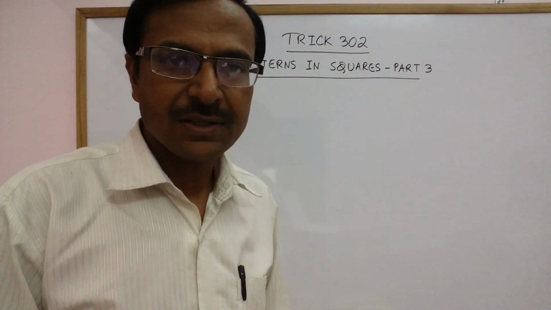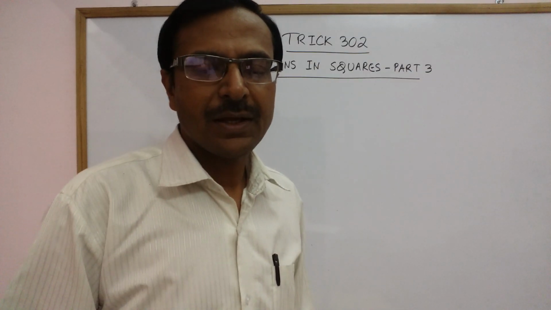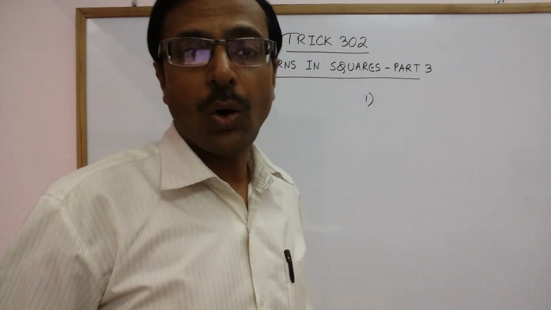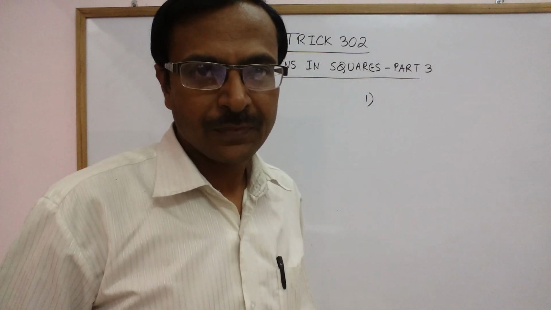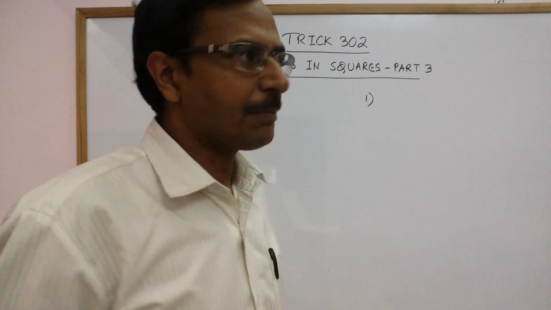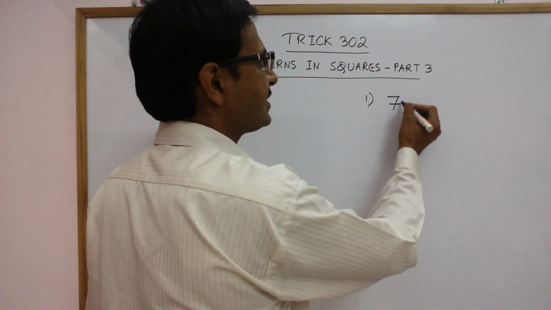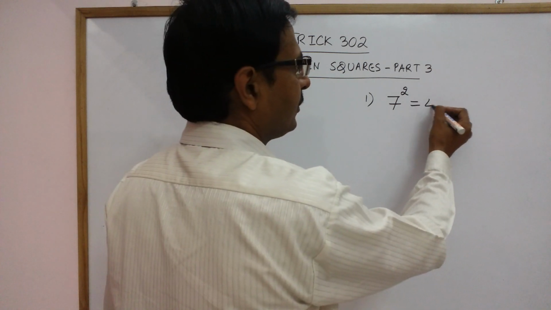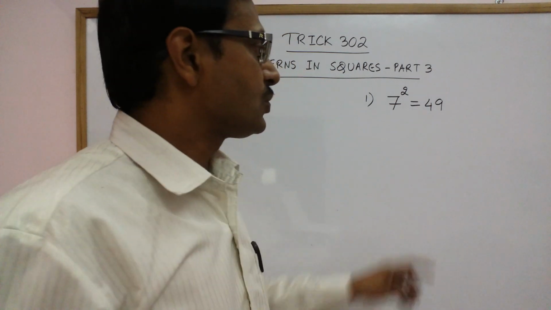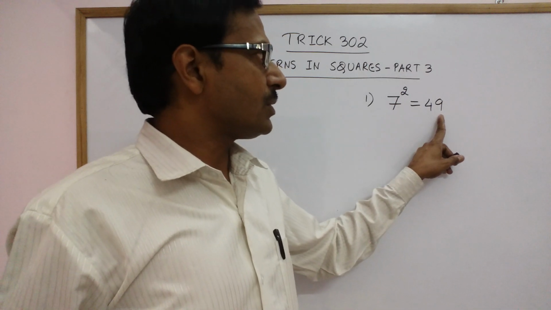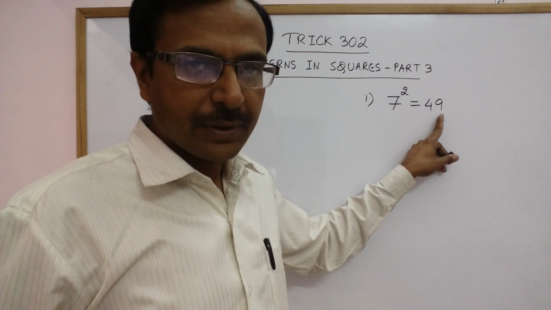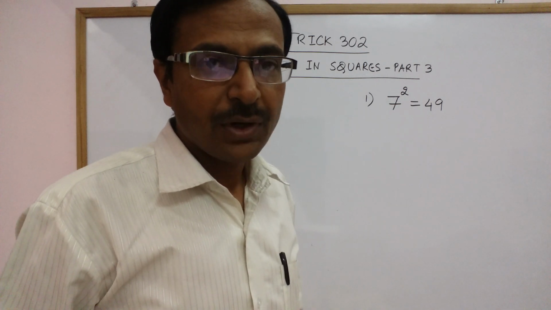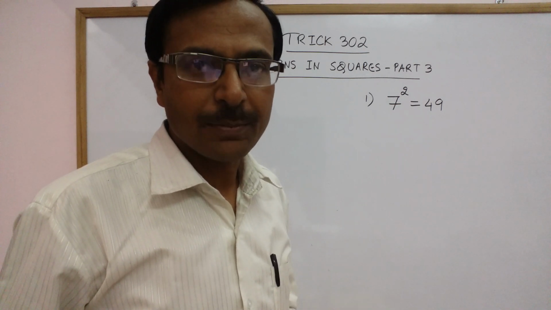Now the first amazing pattern is observed when you square any odd natural number. Suppose I am taking the example of 7. Now the 7th square, as you all know, is 49. So the square of any odd natural number can be expressed as the sum of two consecutive natural numbers.